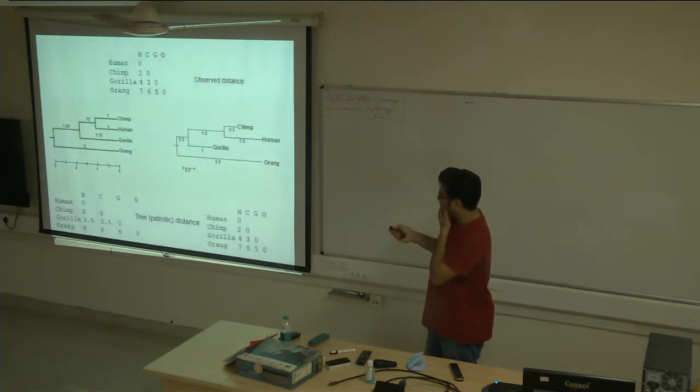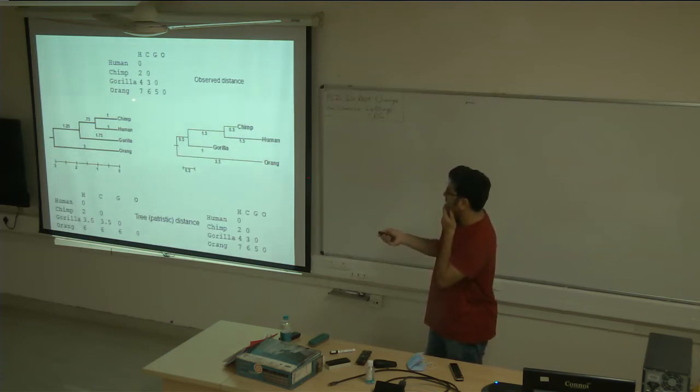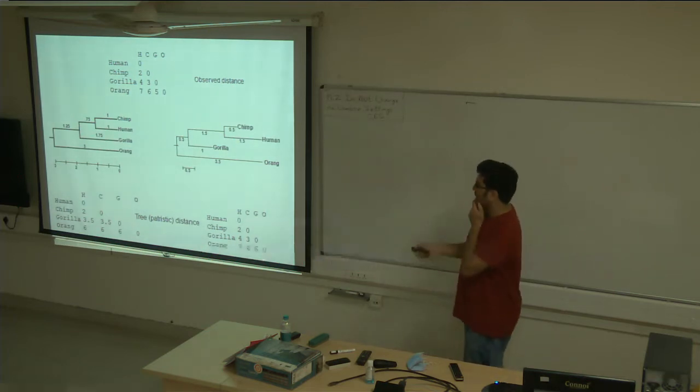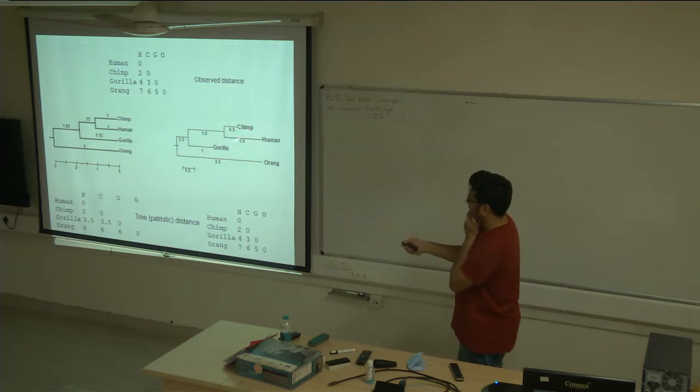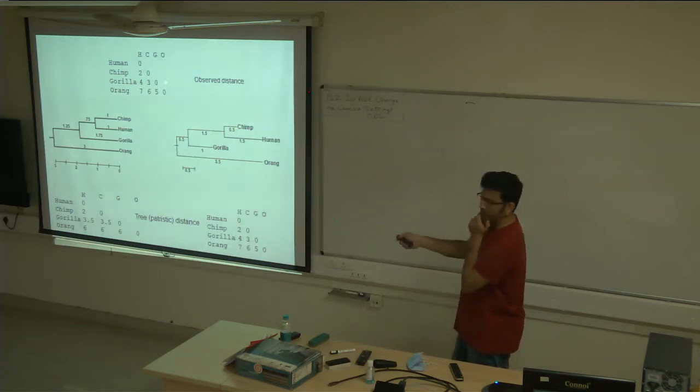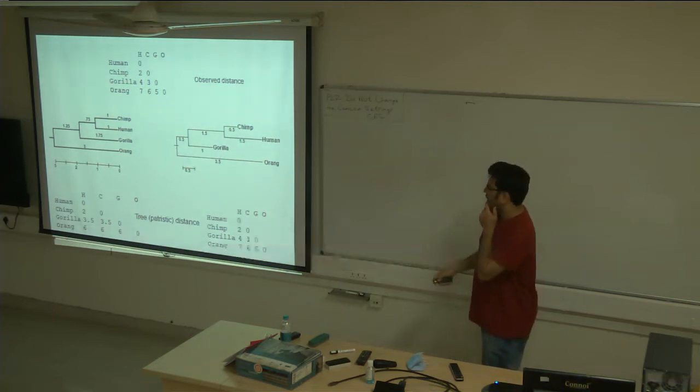So it's the same distance. For UPGMA, the observed distance and tree distance are not equal, but for the neighbor joining tree, if you calculate the distances from this tree, you'll actually get the same distance as the observed differences.